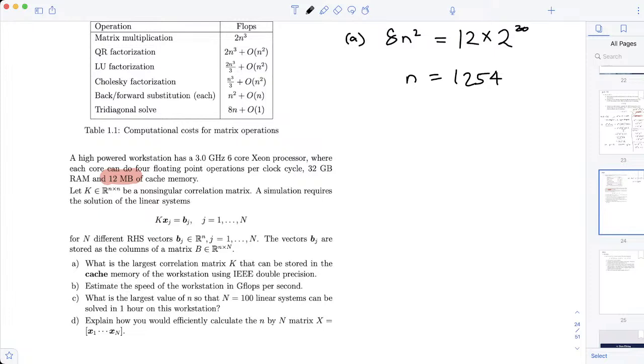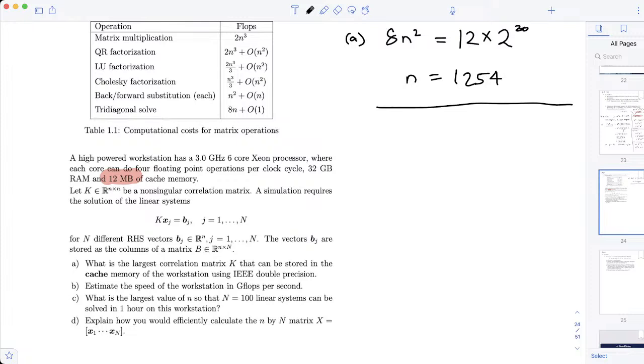But alternatively, since this is a correlation matrix, as I mentioned earlier, it's symmetric, right? In fact, if you do stats courses, sometimes when you look at your correlation matrix, they only show you half of it, because that's all you need. So instead, we can just store the lower triangular half of our matrix.